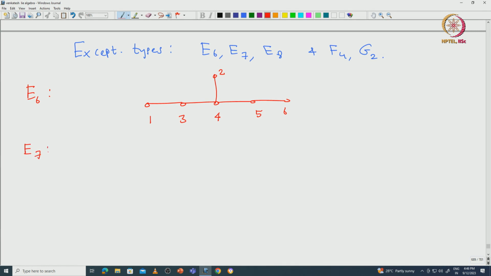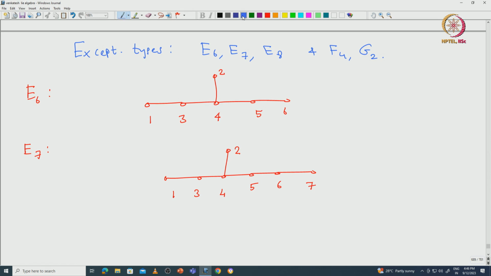E7 again looks like an extension of E6. Basically you take E6 and add one more root to this. So this is 1 3 4 2 and then 5 6 7.